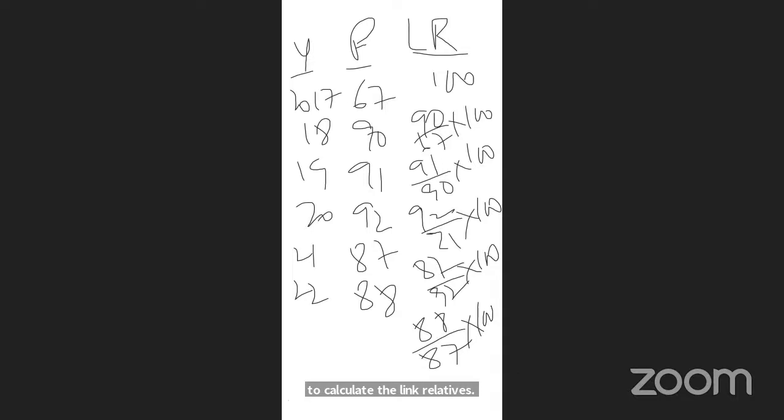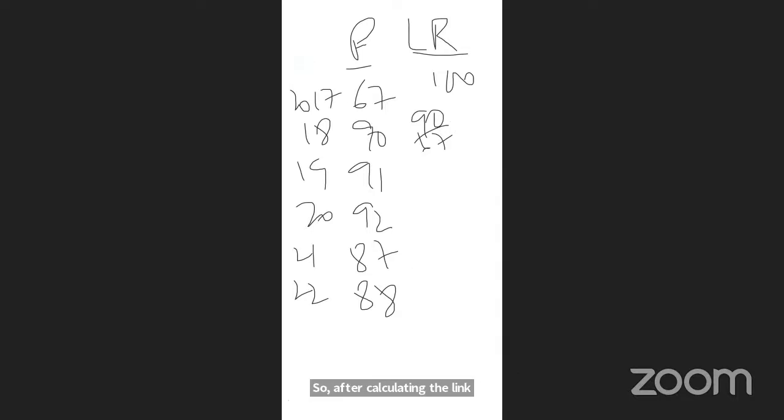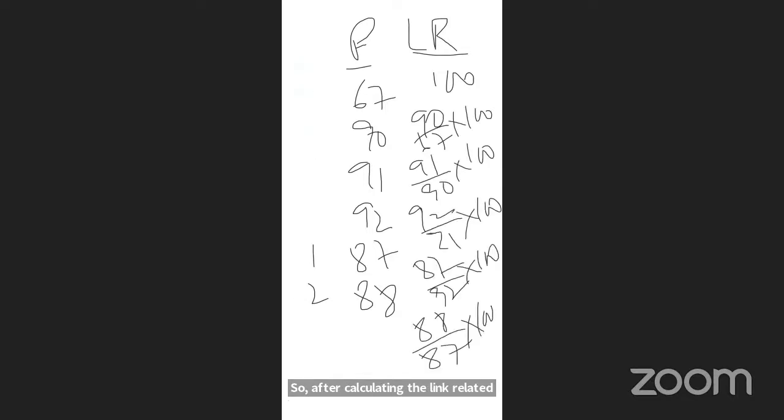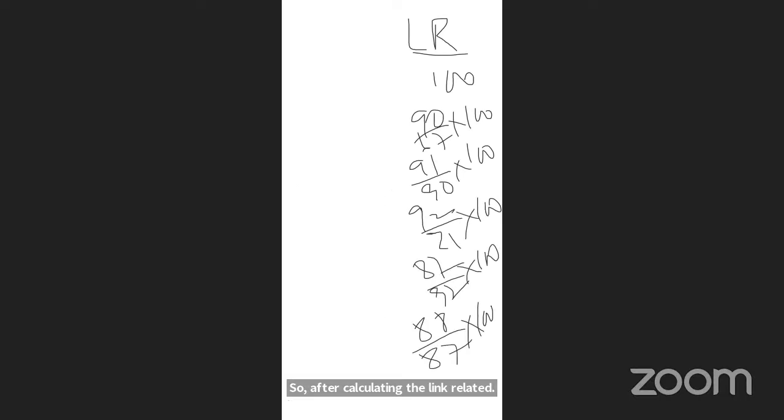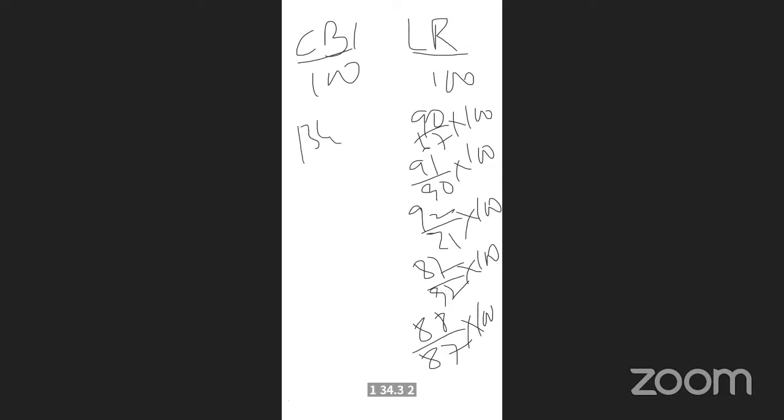So after calculating the link relatives, we will work out the chain base index. Now, the first one is always equal to 100. Now, what is the value you got? 90 divided by 67 into 100, 134.32. 134 into 100 divided by 100.